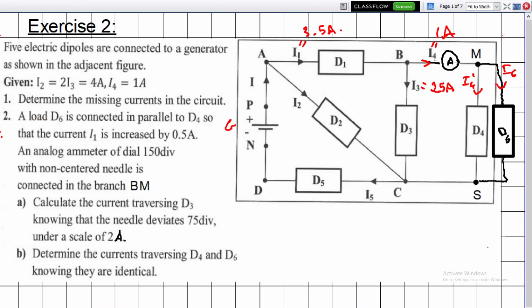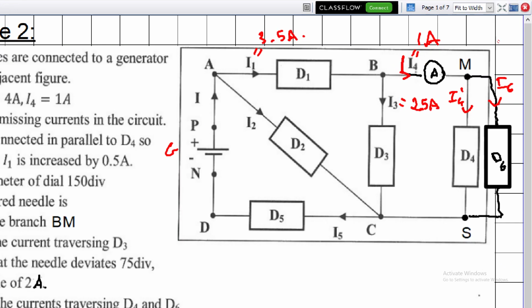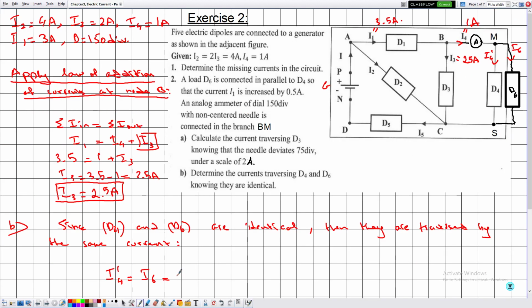Now notice that the main current, the initial current, which is given by I4, at the point M splits into two currents, given by I prime 4 and I6, and the number of components is 2. So in this case we have that I4 divided by the number of components, which is 2, is equal to 1 divided by 2, which is equal to 0.5 amperes.